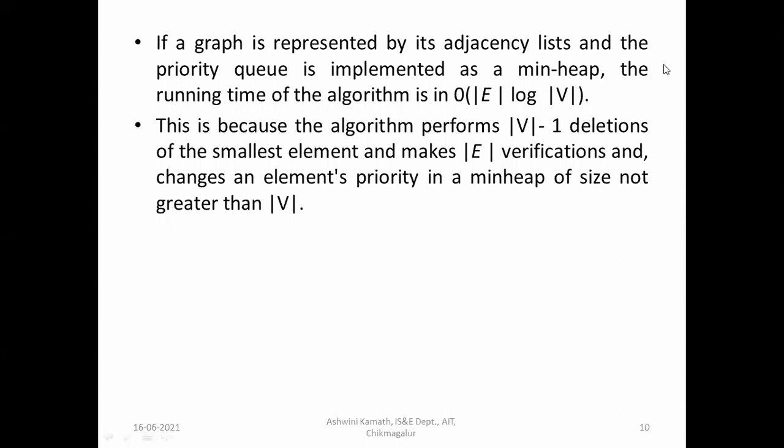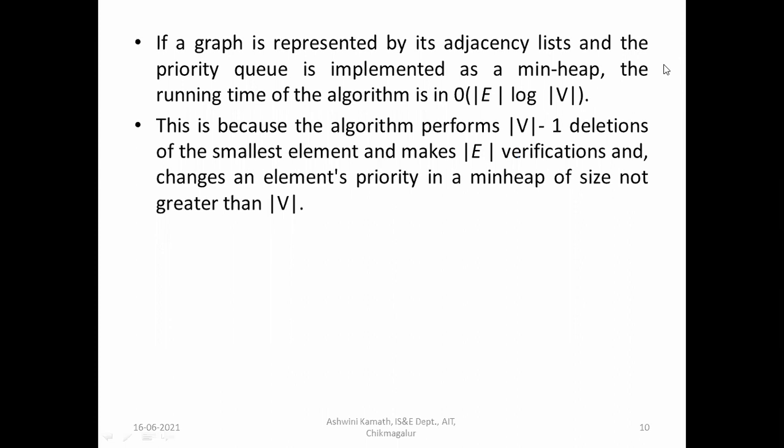So when this algorithm performs, we have seen that the loop will work number of vertices minus 1 times, right? So number of vertices minus 1 deletions of the smallest element will be done and it will make number of edge verifications. Why?